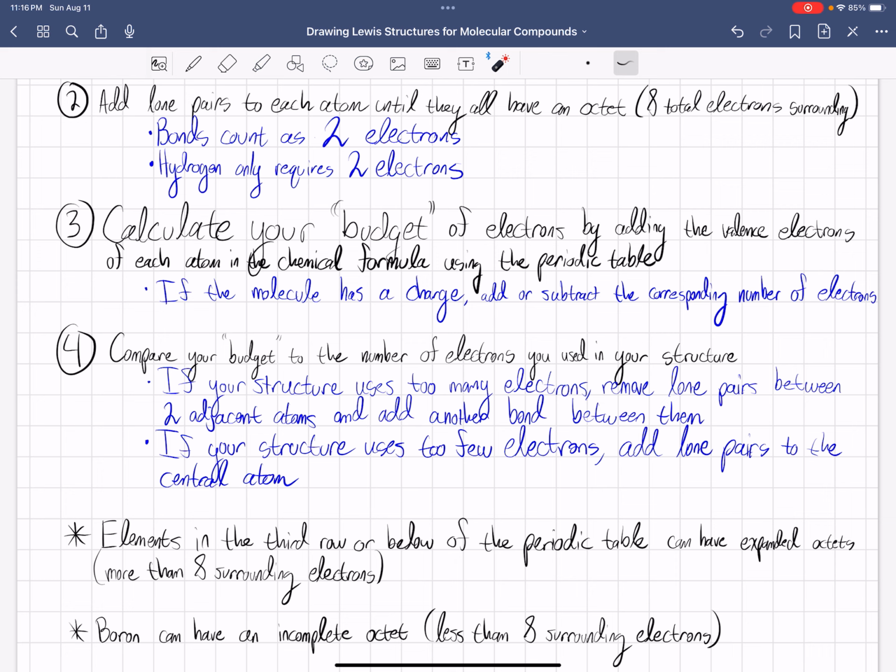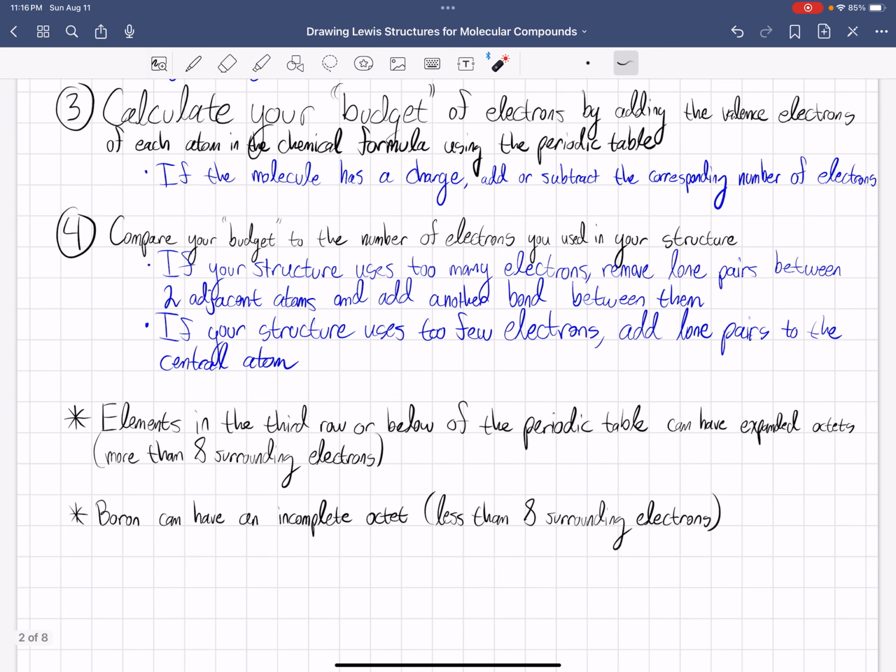By doing that, you'll reduce the number of electrons in your structure and hopefully get closer to your budget. On the other hand, if you've used too few electrons compared to your budget, you'll add lone pairs to the central atom until you have used the same number of electrons that you calculated for your budget. A couple little caveats here.